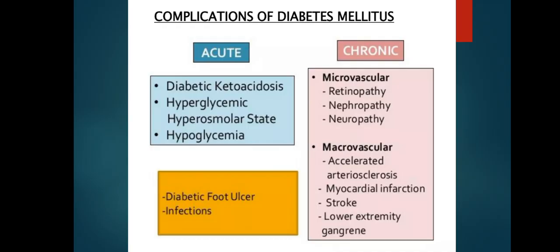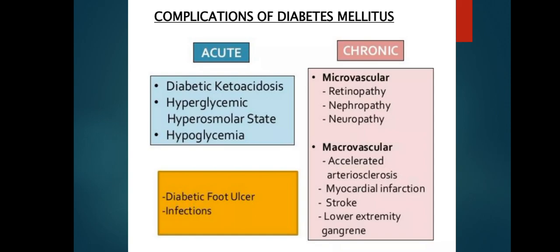A wound forms on the foot, and this condition is called diabetic foot. What will be the complications in chronic diabetes mellitus? The patient will suffer from retinopathy, nephropathy, neuropathy. These are all conditions faced by a patient with chronic diabetes mellitus.